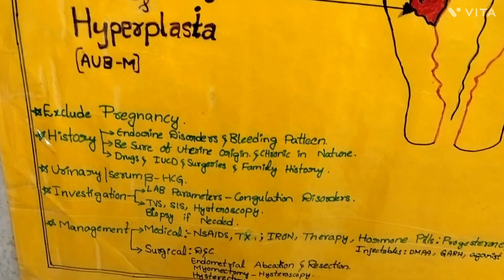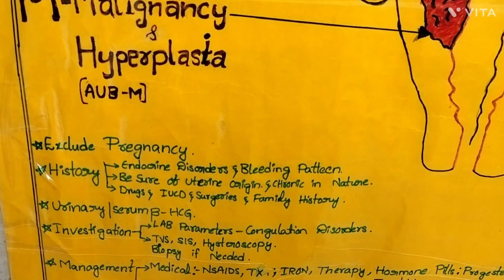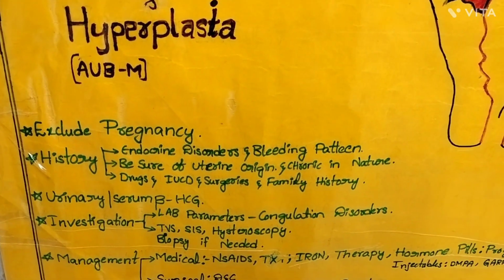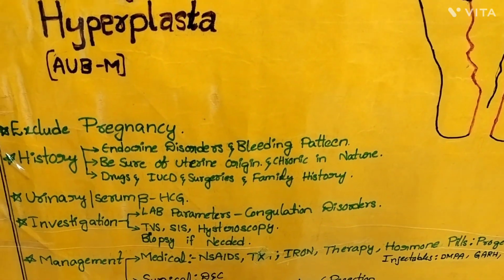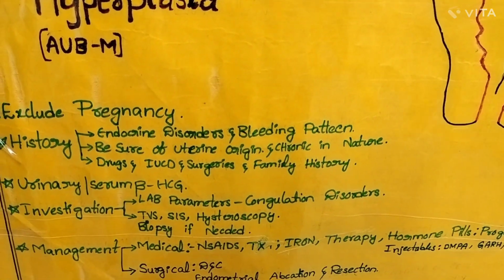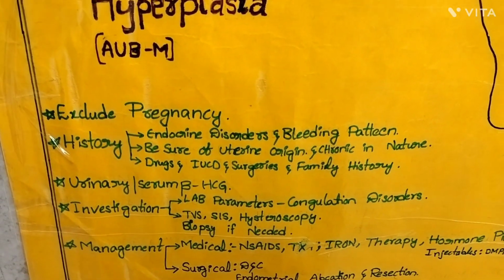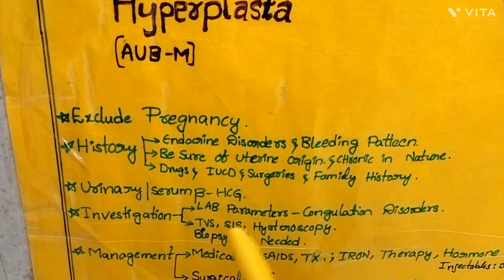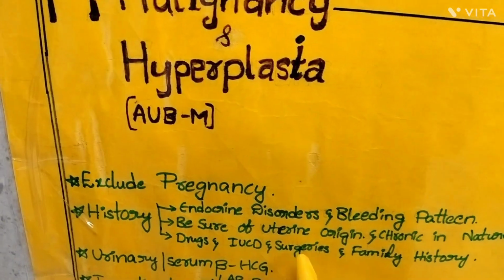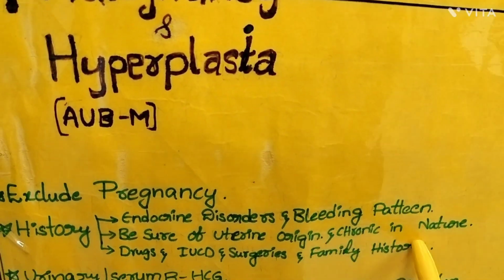And the next thing is bleeding patterns. We need to know whether it is heavy menstrual bleeding, or there is a passage of clots, or any kind of bleeding associated with the menses, like intermenstrual bleeding. And we should also be sure that it is from the uterine origin and it is chronic in nature.